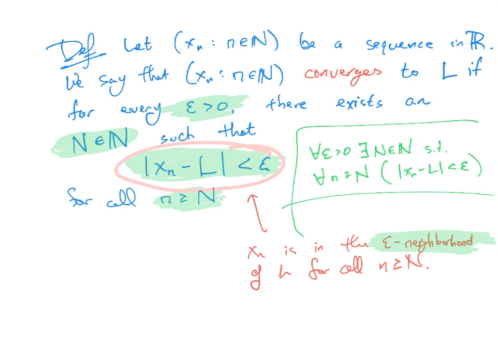In terms of a picture, get our real line, and x_1, x_2, x_3, etc. Somewhere we've got our proposed limit. We look epsilon away. If that really is the limit of our sequence, then all of our sequence terms are in that epsilon neighborhood of the limit.